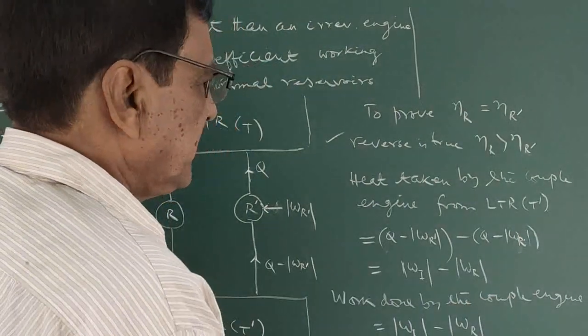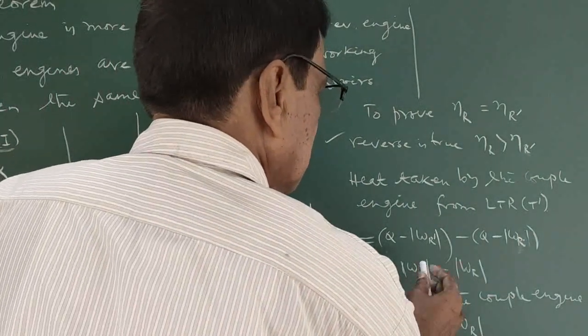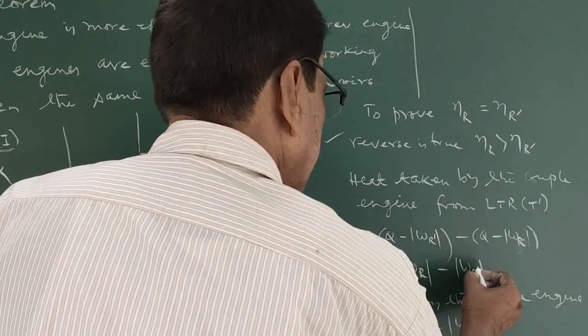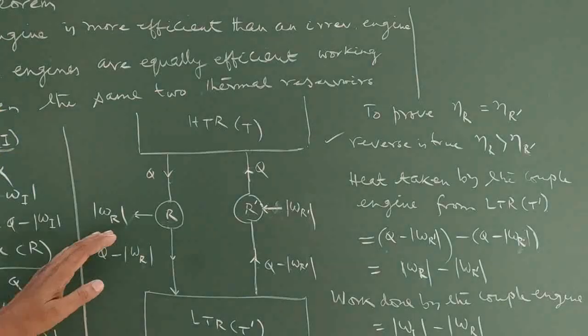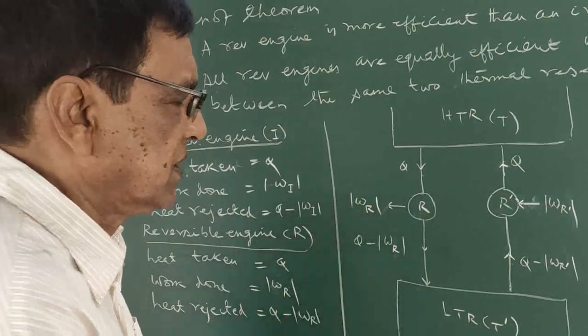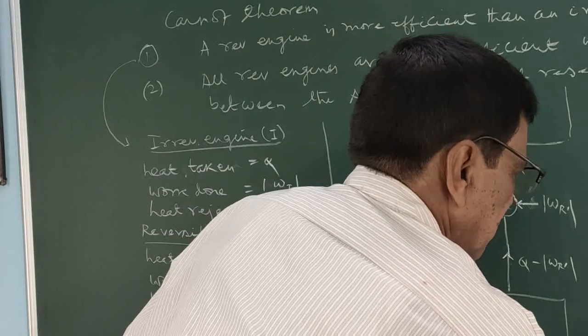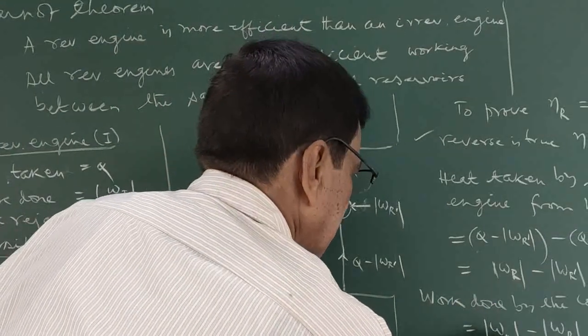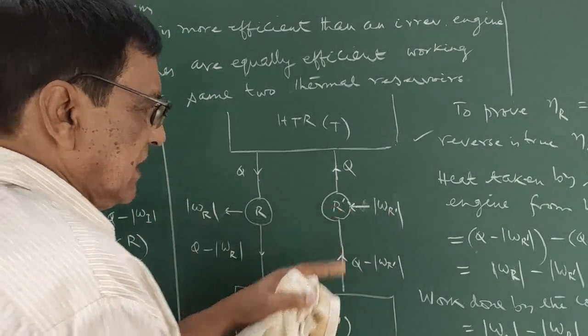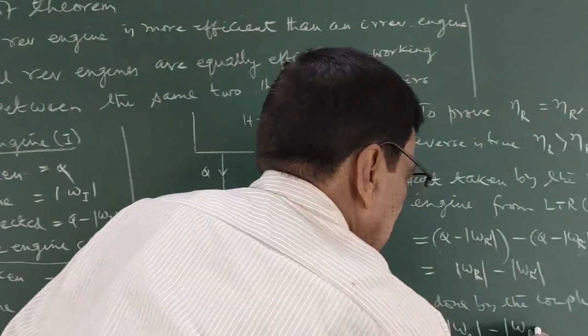So it will be equal to this QR and QR dash. The amount of work done by this coupling, this amount of work we have received. So this is equal to WR, and this one given WR dash.